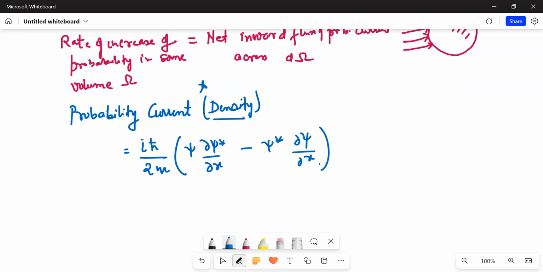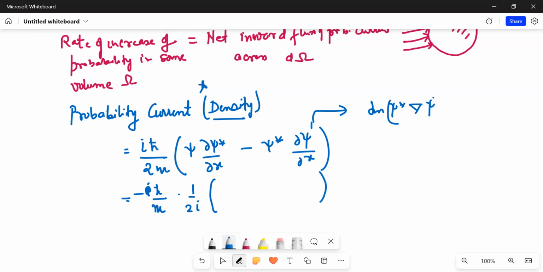At times in books you will find this written in another form. They divide it by 2 iota. So if I divide by 2 iota and multiply again with iota only, this will be minus h cut upon m, times 1 upon 2 iota. Can I not write it as the imaginary part of psi star del psi?